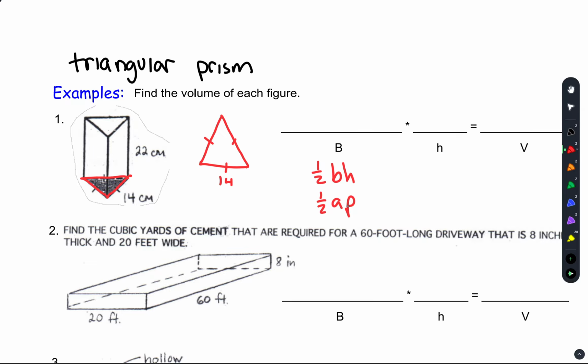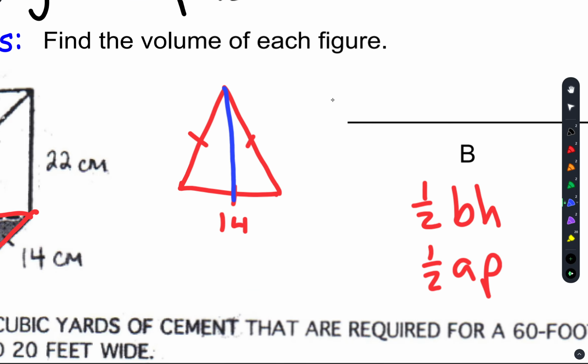I would just split this right down the middle and call this the height. When I split that triangle down the middle, I create a 30, 60, 90 triangle. And then if the base split in half is 7, then the height would be 7 radical 3.